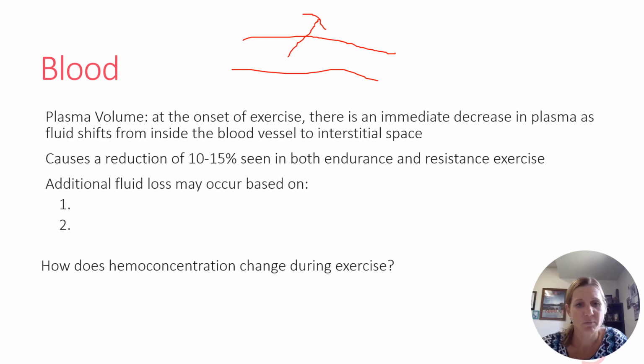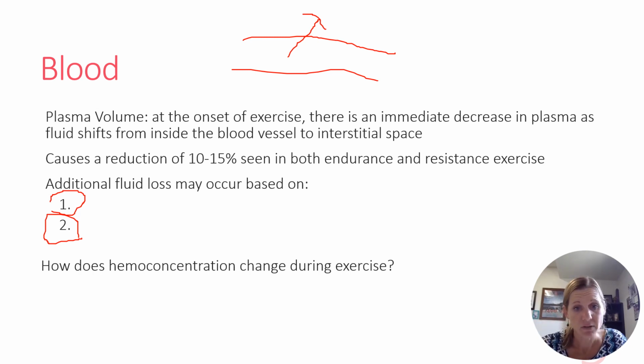And so we might experience additional fluid loss, which could end up affecting the blood, if it's prolonged in duration. So if you have a high sweat rate and you're doing a long exercise bout, but also environmental conditions as well. Even if I'm not doing something hard, but it's hot and humid, you're going to lose a lot of fluid that way, and that would certainly affect the blood volume.